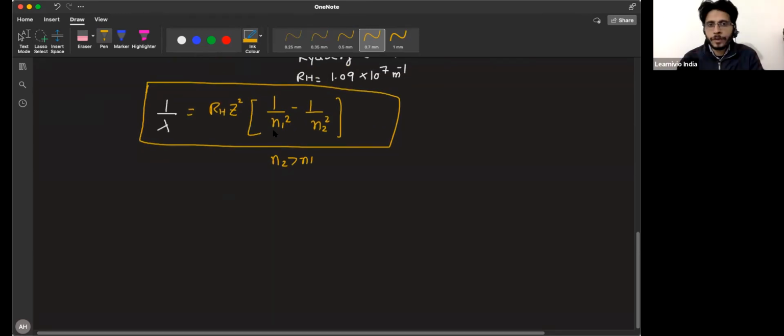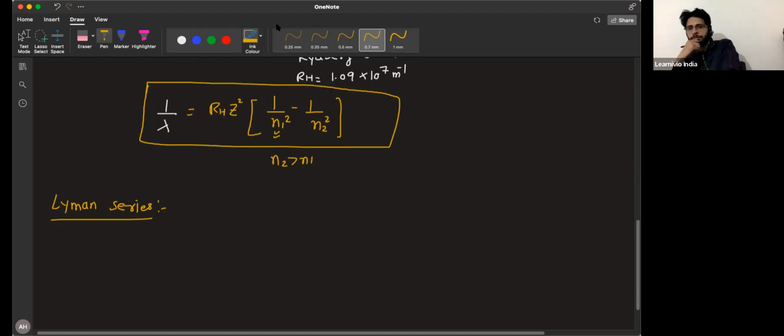See, if we fix n1, which is the lower energy level, then we can have different types of series. The first one is the Lyman series. Out of n1 and n2, which one is the lower energy level and which one is the higher? n2 is higher and n1 is lower.